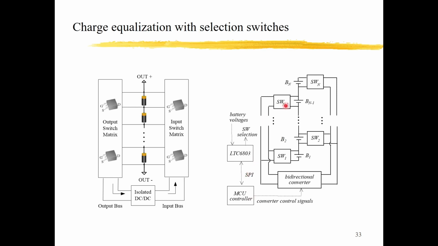Okay, so we just divide the battery cells into two groups. Every time we choose the highest or lowest from either of the groups, and then connect them to the two ports of the bidirectional converter and transfer the energy from this side to that side.